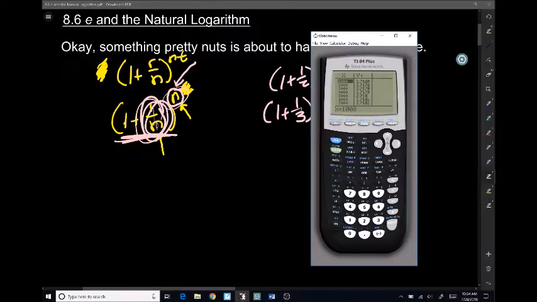This is going to be our limit. Okay, this value isn't going to get above 2.7181... whatever comes after that.